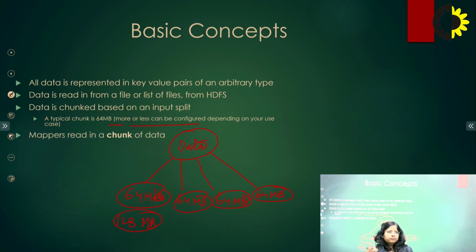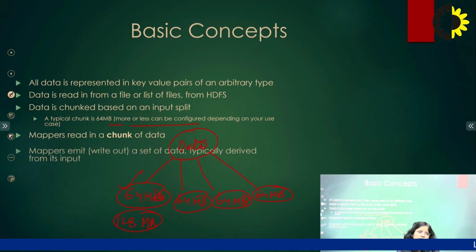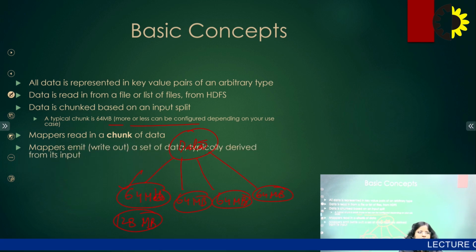After splitting the data, next is the mapper. The mapper reads the data stored on these machines, and after that the mapper emits a set of data typically derived from its input.